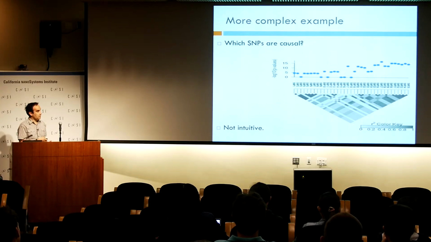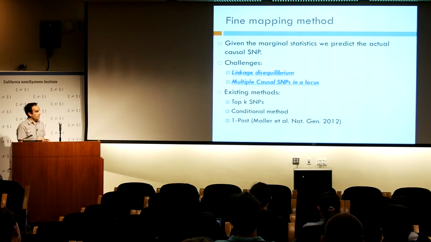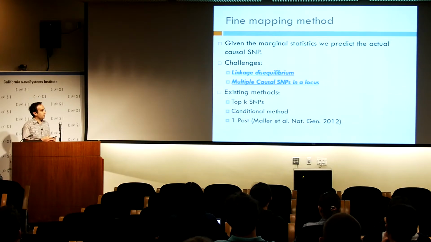There's a lot of correlation and a lot of significant associations, and it's very hard to see what's going on. So the problem is: given the marginal statistics, the results of the association study, as well as the correlation structure, how do we predict what the actual causal SNPs are?